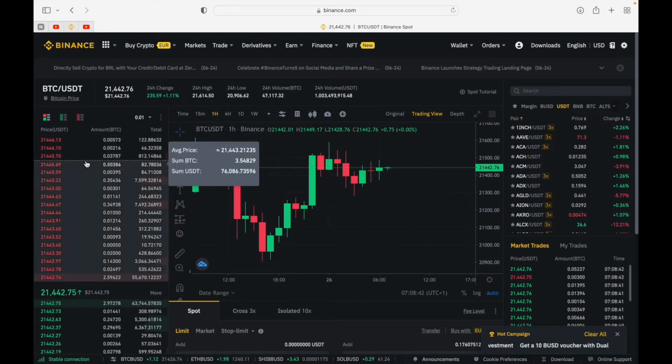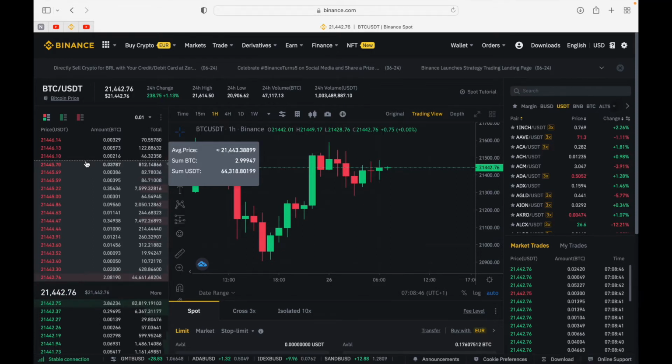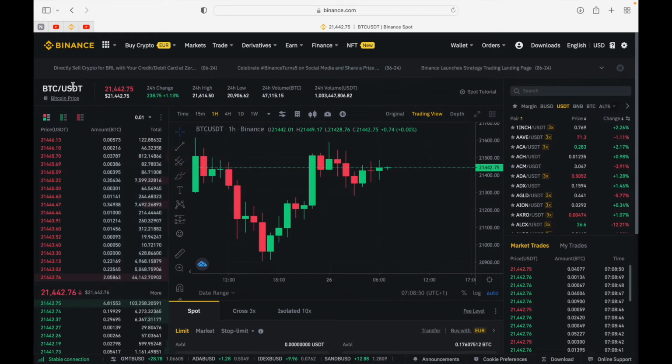Now, I'll take my time to explain the entire concept that we have here. Let me start with this top here. This is the trade pair that we are having in the exchange. Everything we are doing in this exchange environment is about the BTC/USDT trade pair.